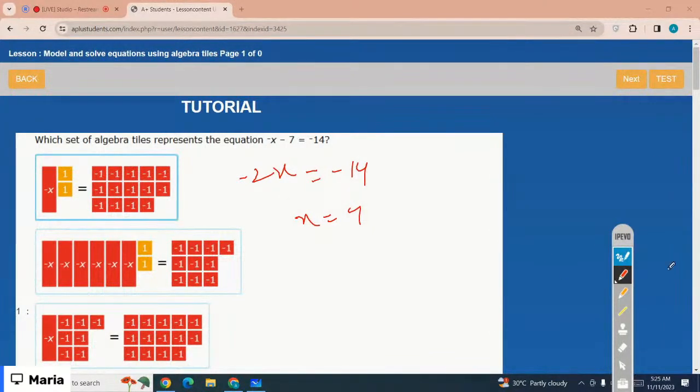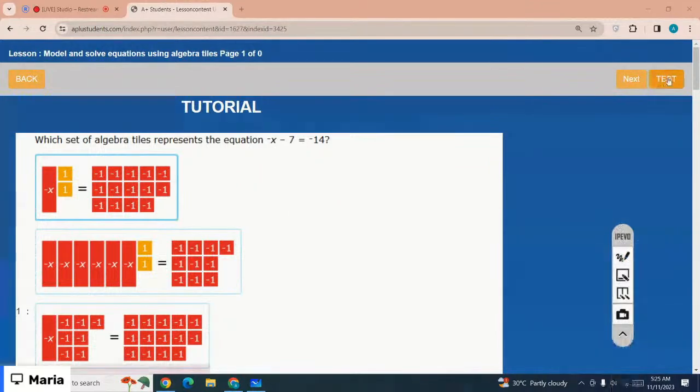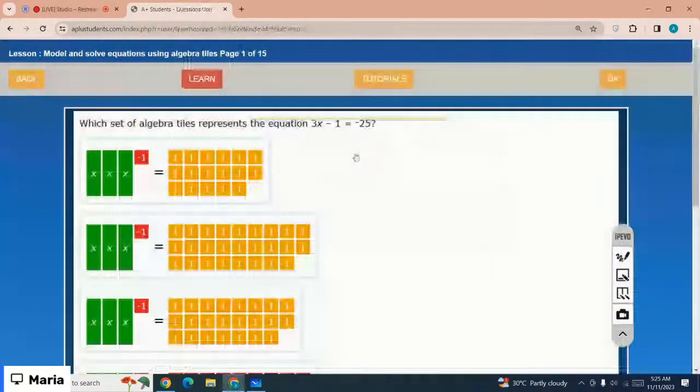Okay, let's just start with the questions. Which set of algebra tiles represents the equation 3x minus 1 equals negative 25? Which is the correct option?